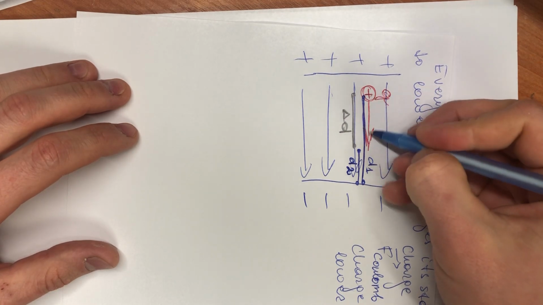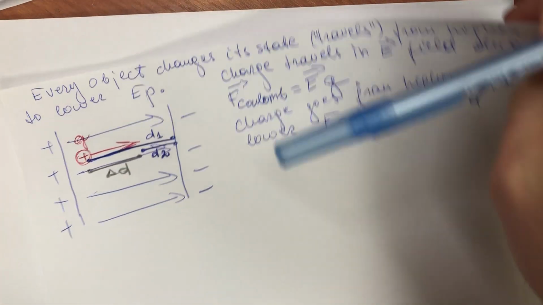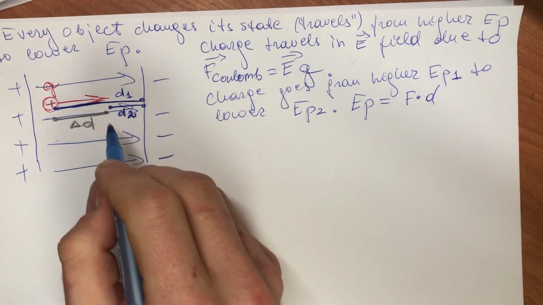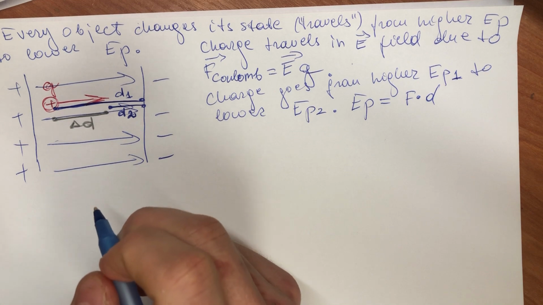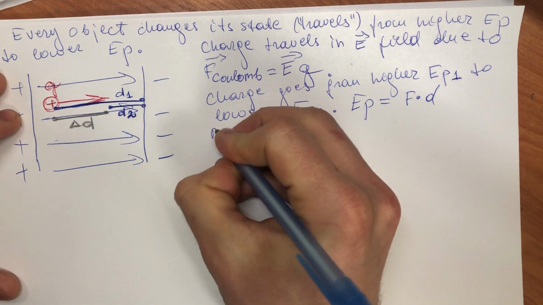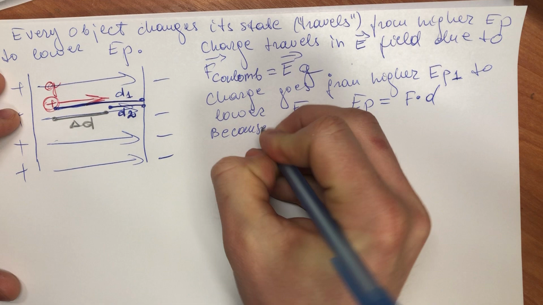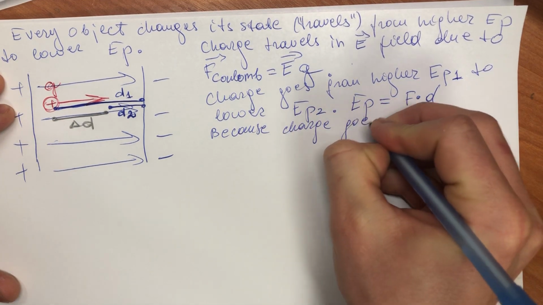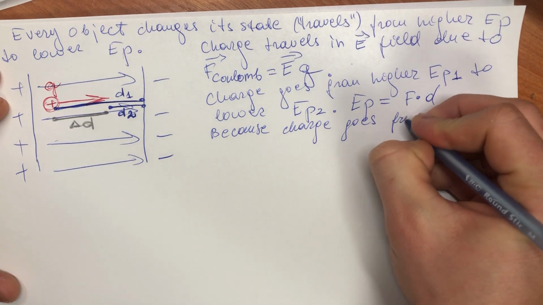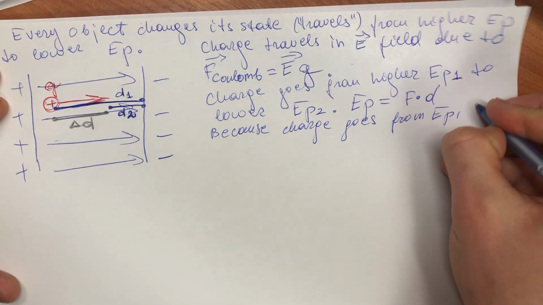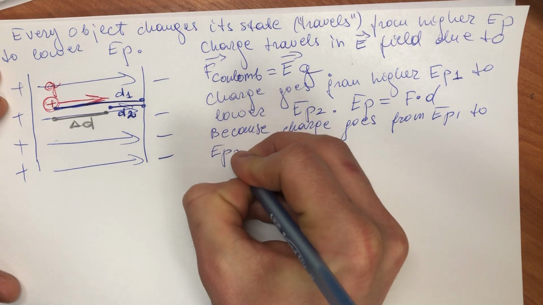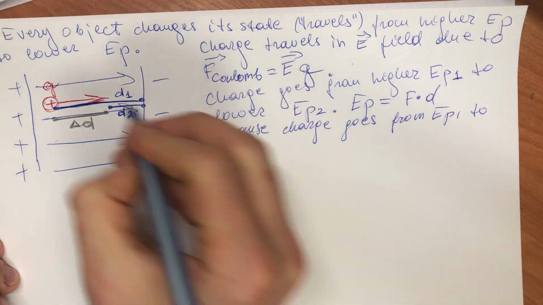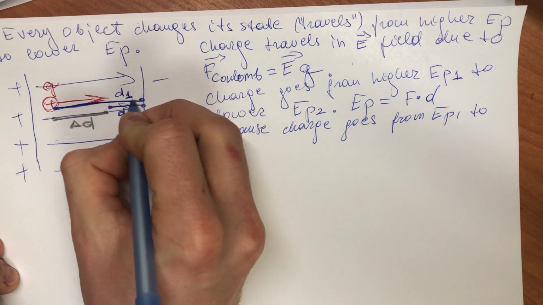It would be exactly the same, but in this case it is just electric forces. Because the charge goes from EP1 to EP2, one potential energy state higher, this one is higher because D1 is longer.